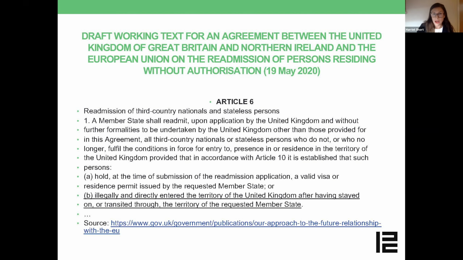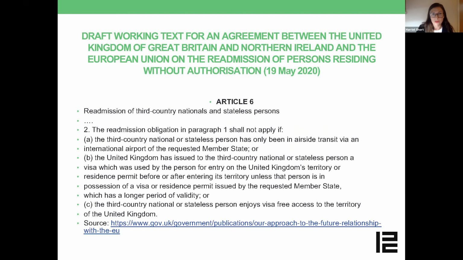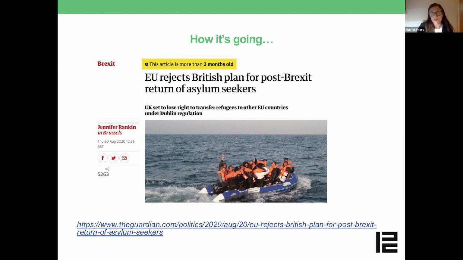There's very little formal indication of the progress made in negotiations so far. And if you just move on to the next slide, there are reports that the EU has rejected the UK's proposed agreements because they're beyond the scope of their negotiating mandate.